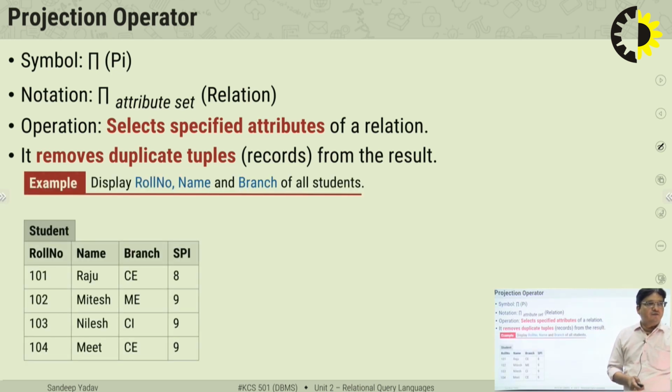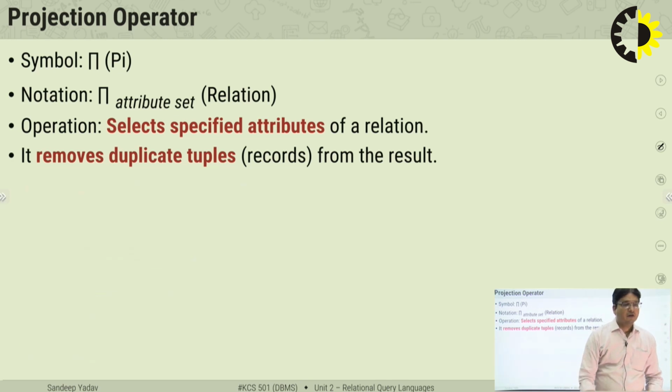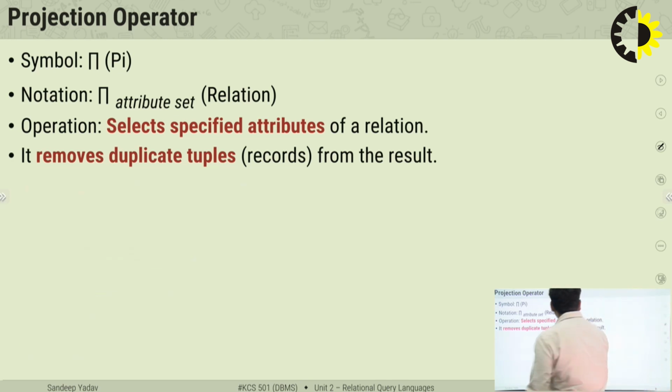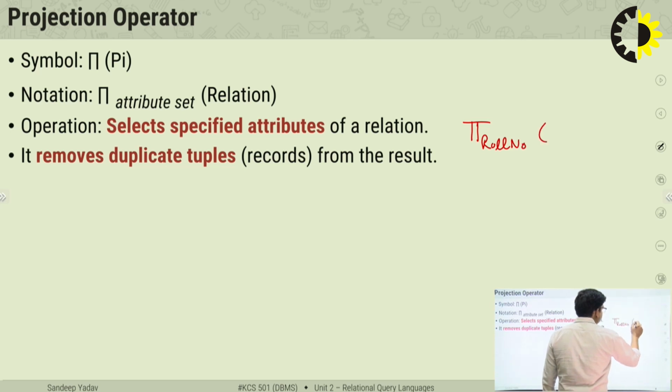Now we have to display the roll number only. First of all, we just want to display the roll number. So how to denote? Pi roll number, and this is the relation student.